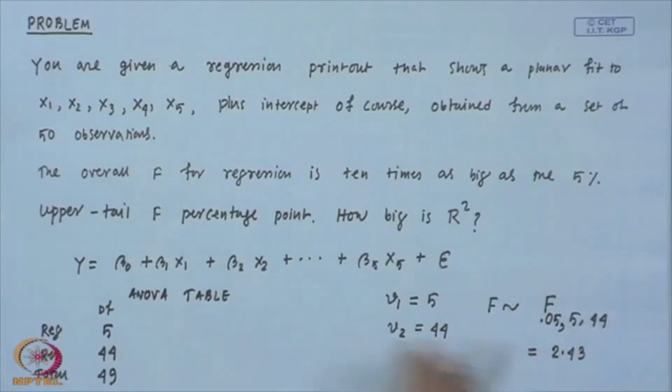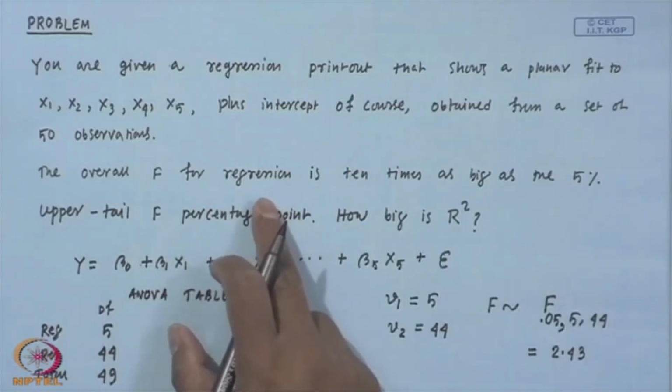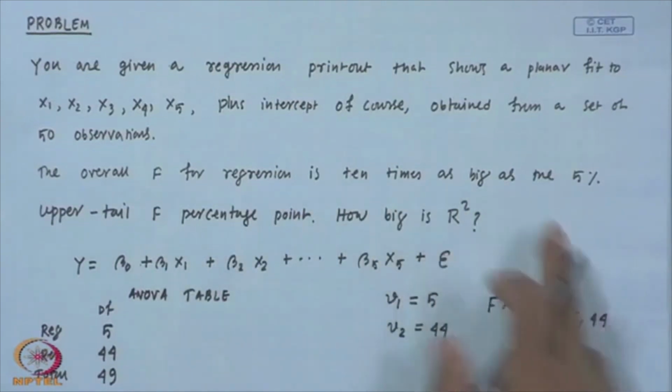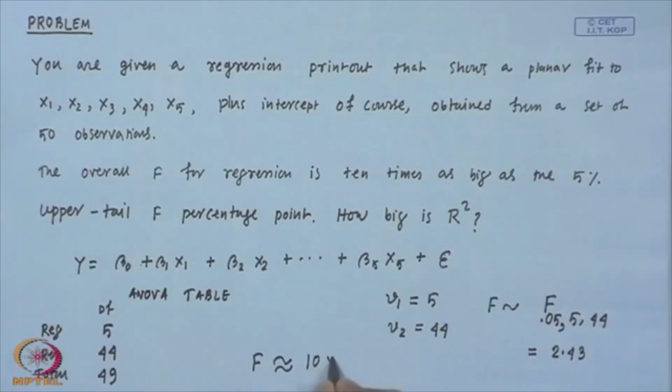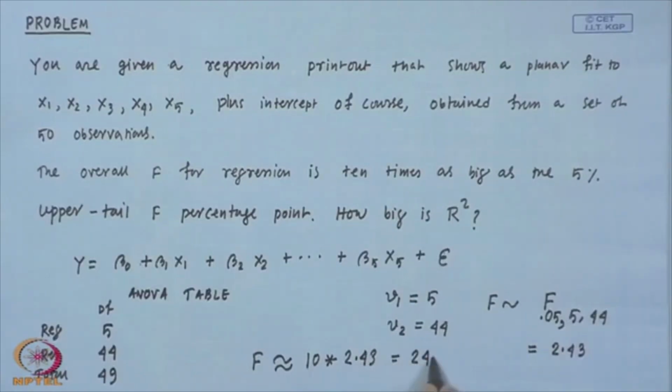Okay. So, what we are given is that your observed f value is 10 times bigger than this one. So, your observed f value is equal to 10 times this tabulated f value, that is 2.43, which is equal to 24.3.